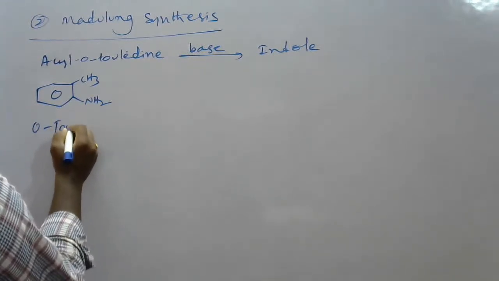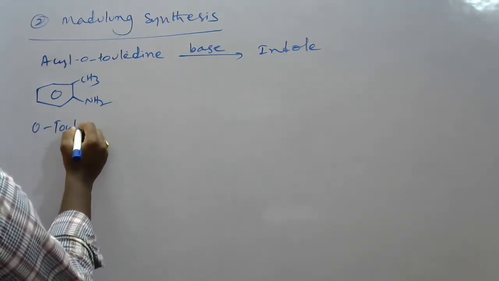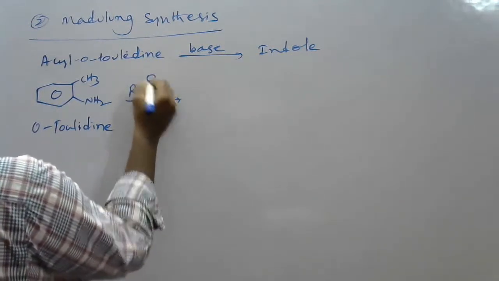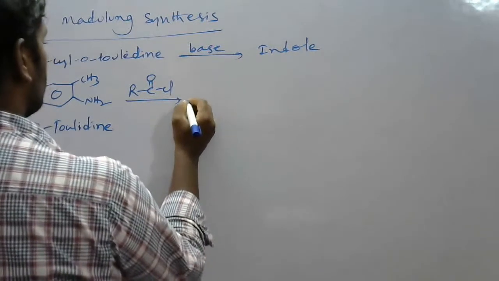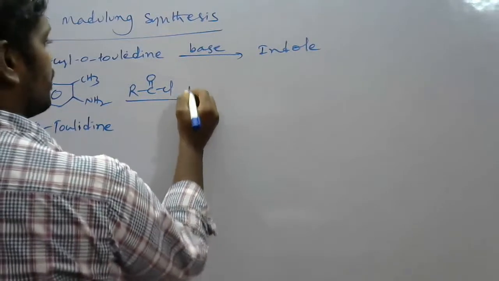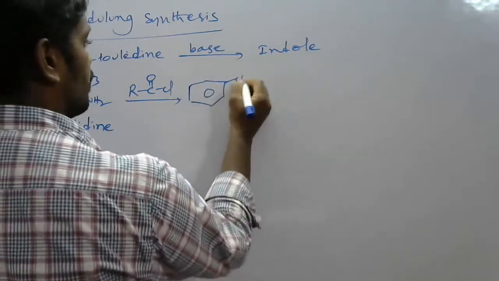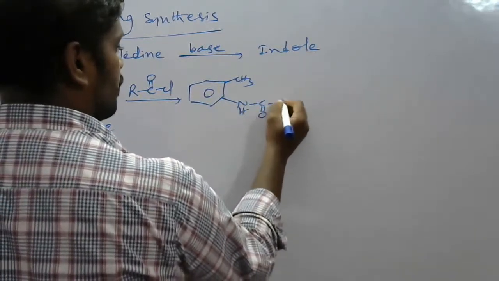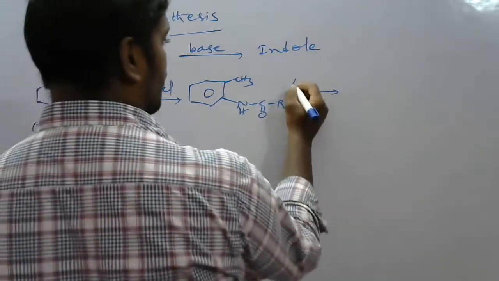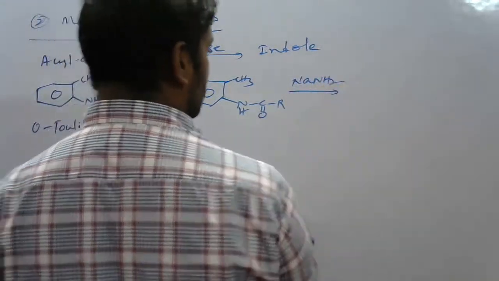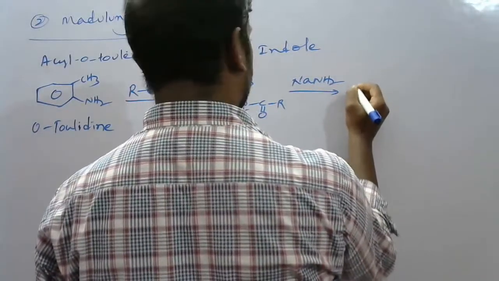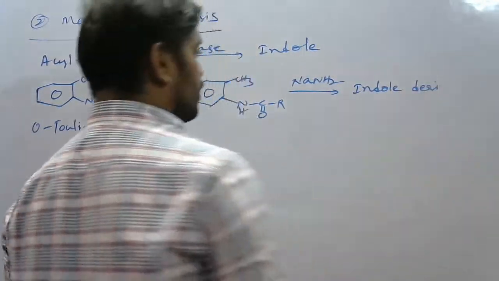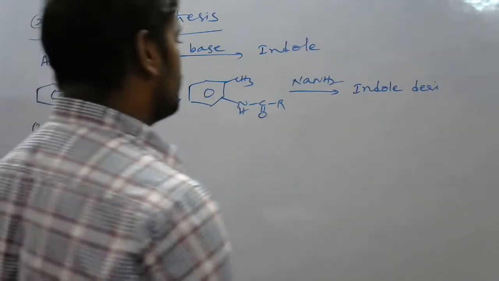This is treated with the acid chloride. Then the acyl ortho-toluidine is formed. This is treated with the base NaNH2, and then the indole derivative is formed. That is an indole derivative.